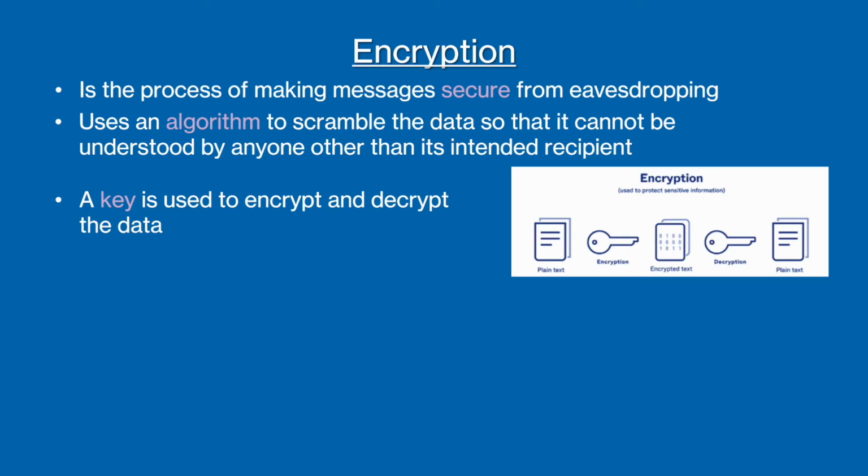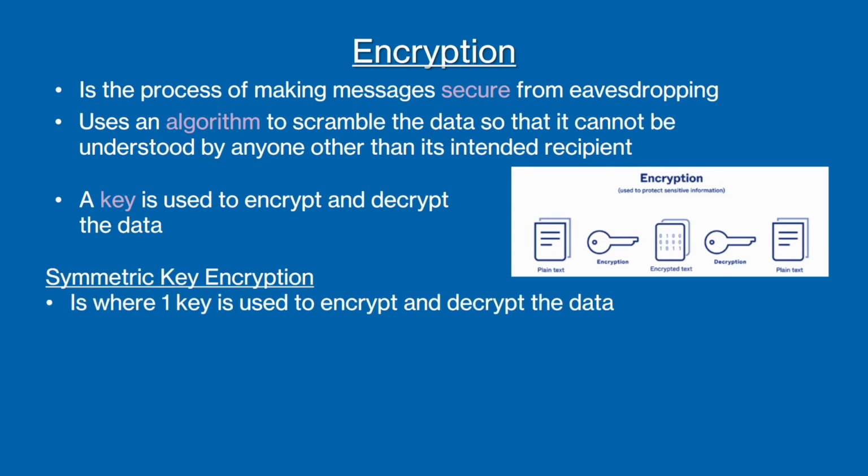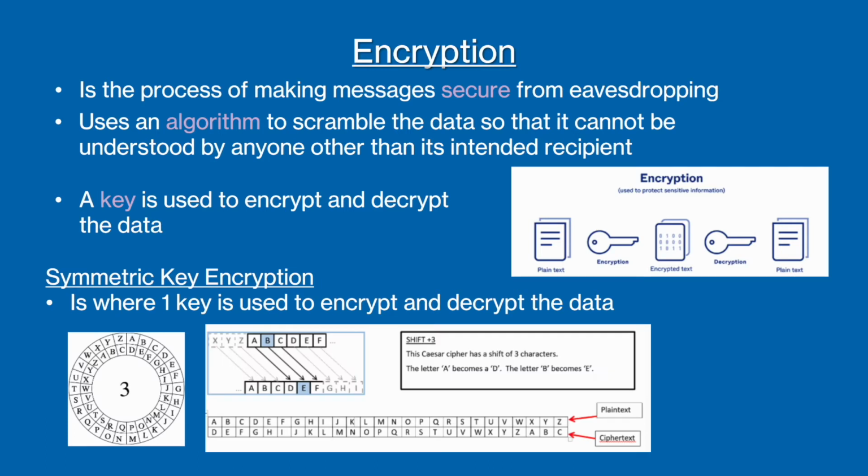There are two types of encryption methods, and the first is called symmetric key encryption. This is where one key is used to both encrypt and decrypt the data. For example, here we have a Caesar cipher encryption, a common encryption code where the letters of the alphabet are shifted. In this Caesar cipher shift, we can see that the letters have been shifted 3 places to get the encrypted code.